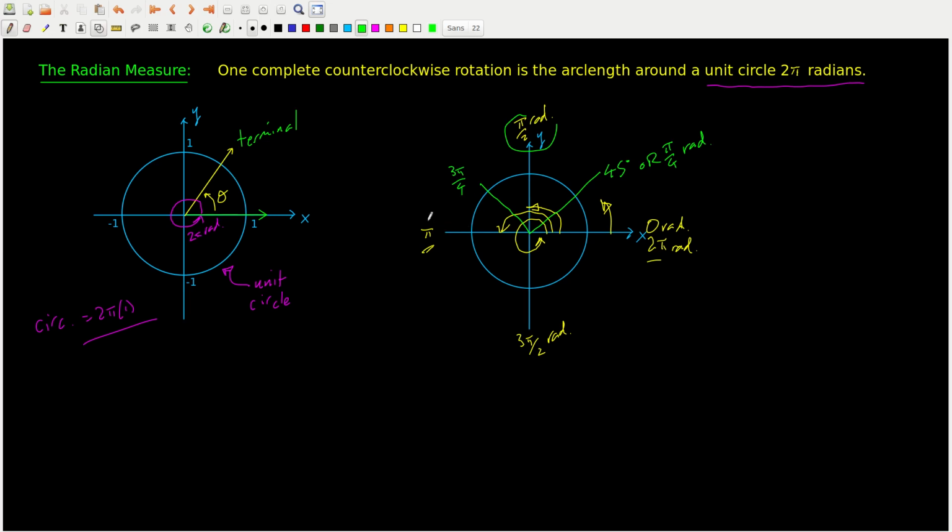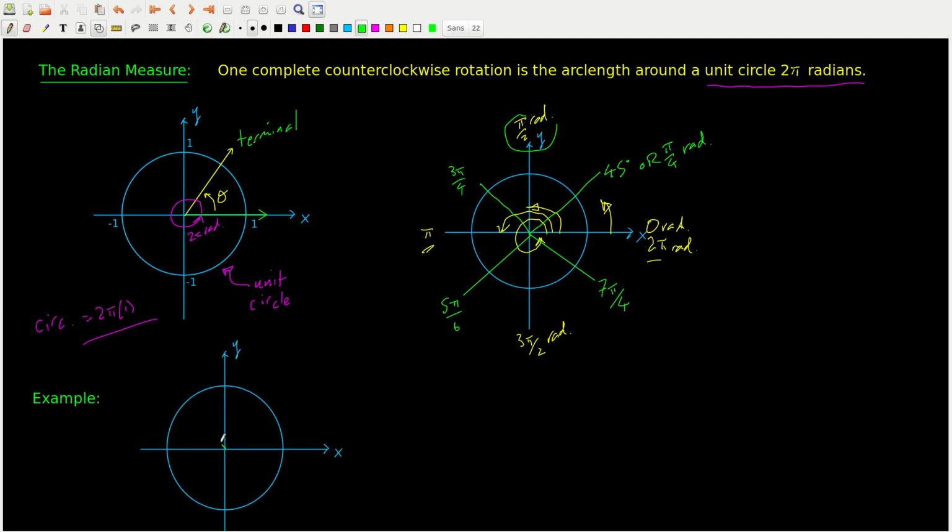Now we've got 4 pi over 4, that's just pi, and then 5 pi over 4, and then 6 pi over 4, that's the same as 3 pi over 2, and then over here, that's not a very good angle, but then we've got 7 pi over 4 radians, and the next one's 8 pi over 4, which is 2 pi. So we can split the unit circle up into these radian measures.